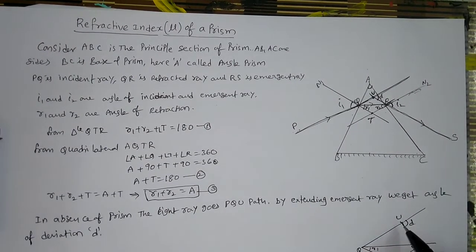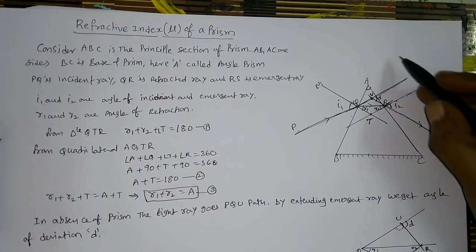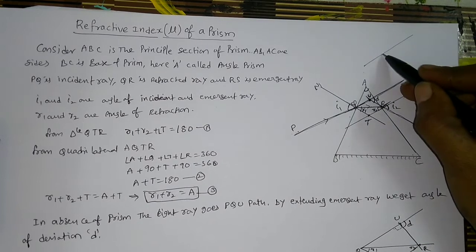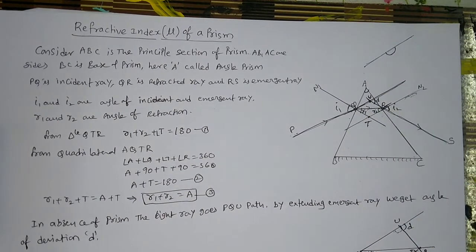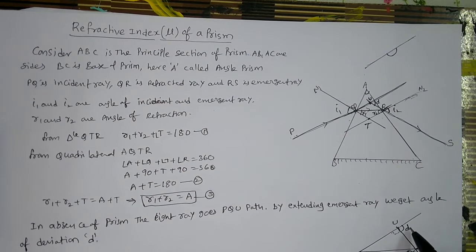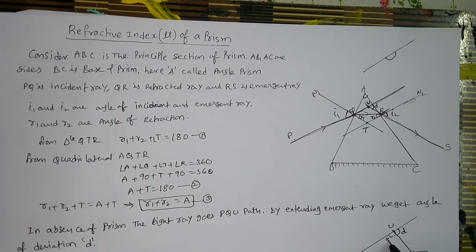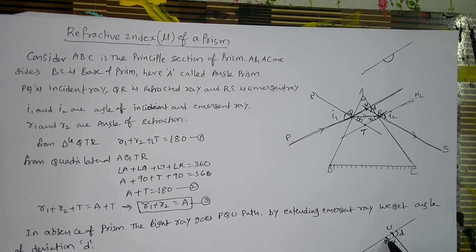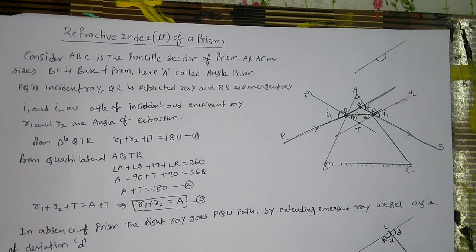So what about this angle? If it is a straight line, this angle is 180 degrees. From this 180 degrees, D will be gone. Then the remaining part of this angle is 180 minus D. This is the angle.